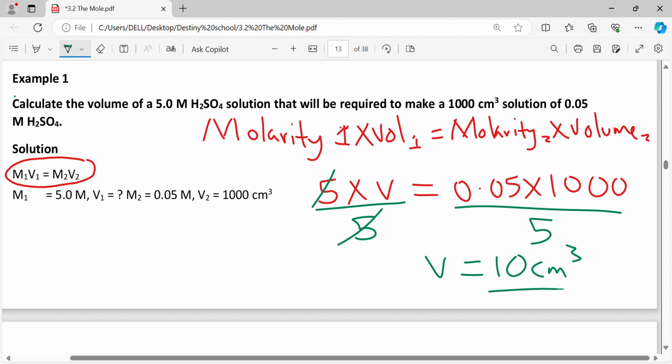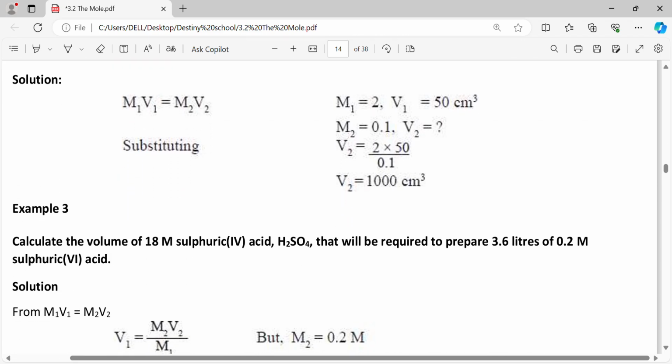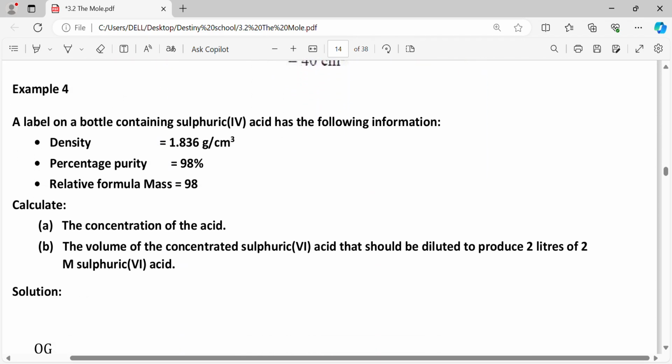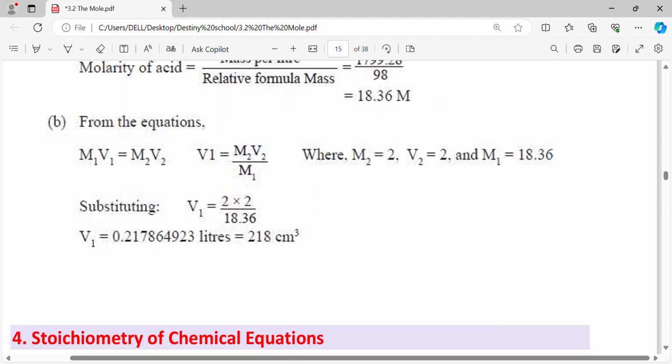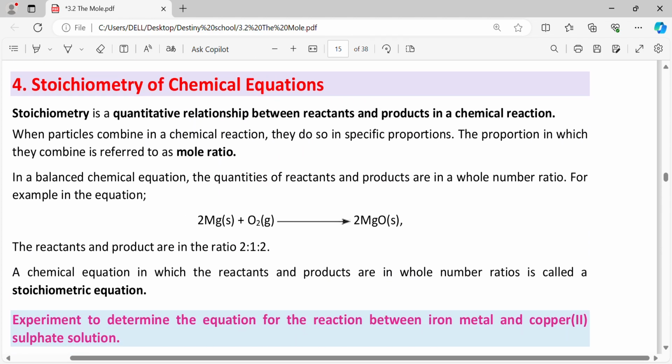We want V, so you divide both sides by what is next to V, which is 5. So the volume, you get 10 cubic centimeters. That's how you do it. Because 5 multiplied by what you want is equal to 0.05 times 1000, then you divide both sides by what is next to V, and you get that. So that is under dilution.